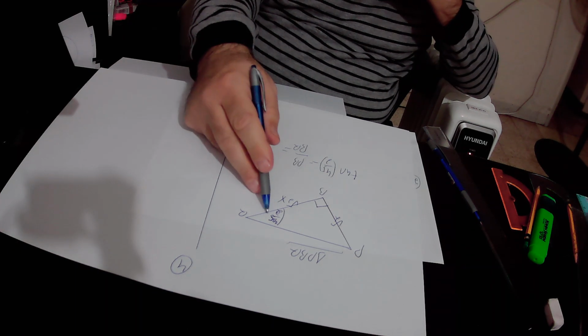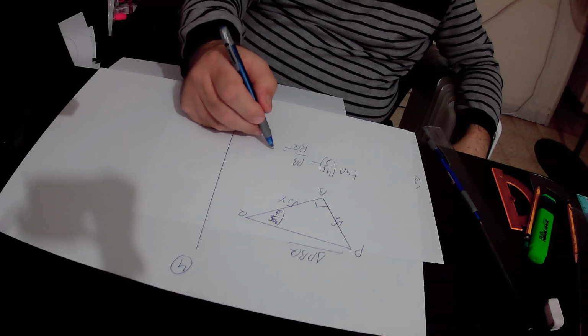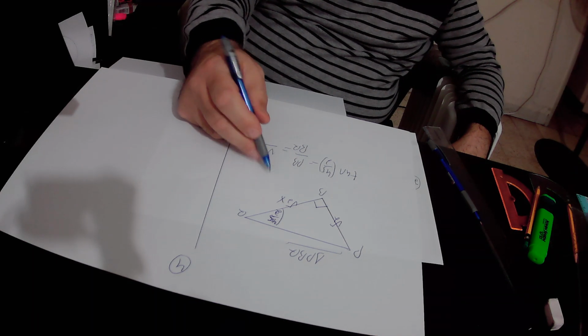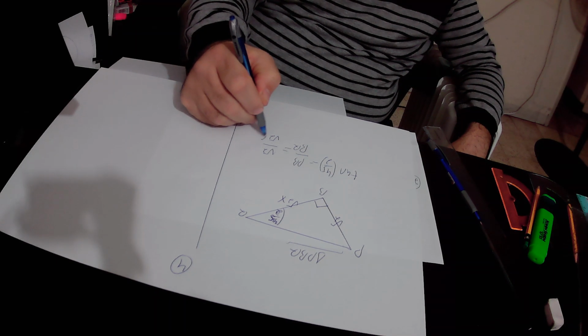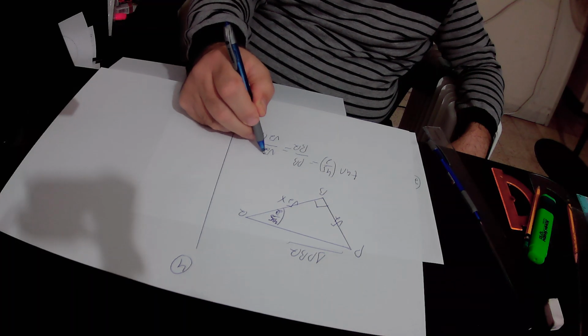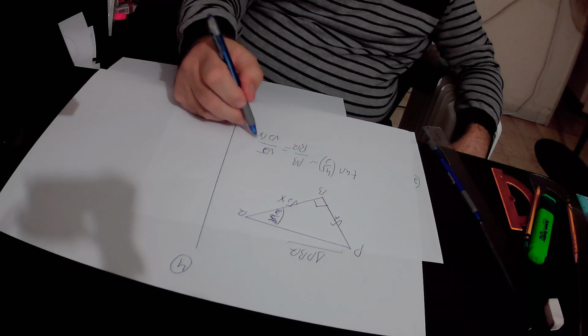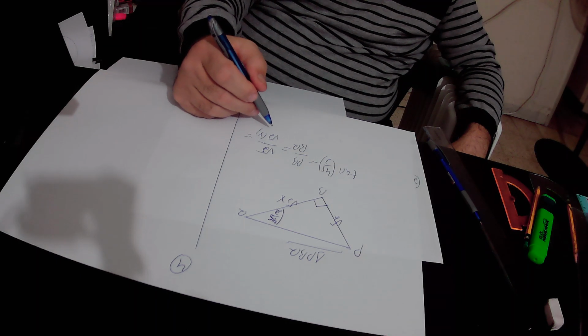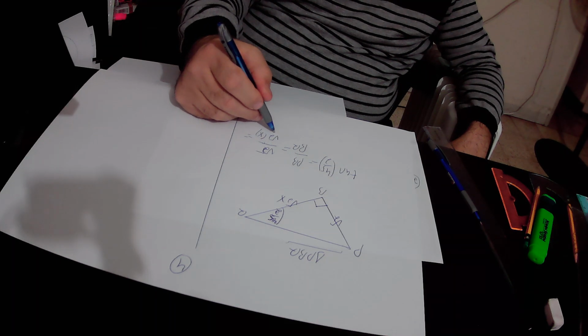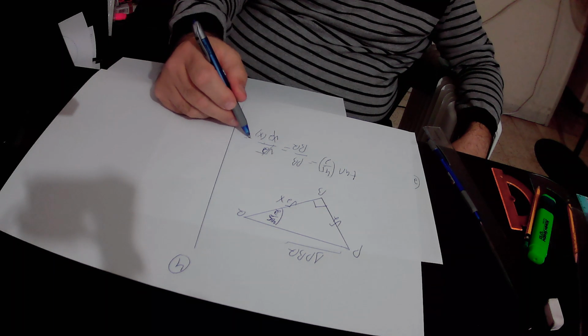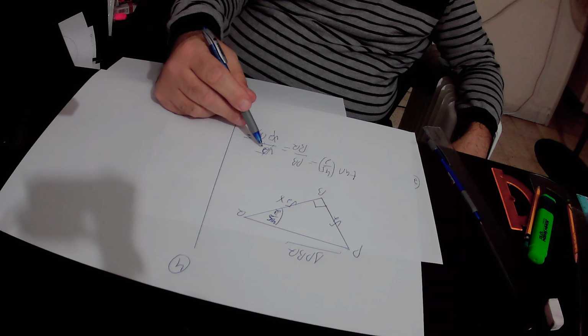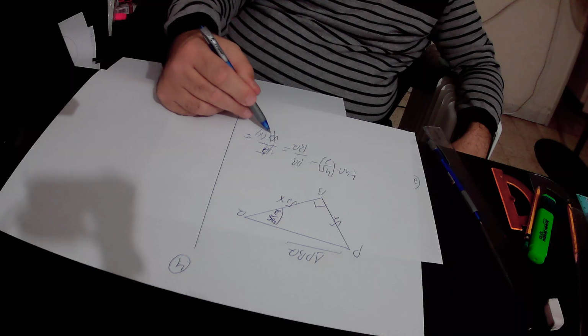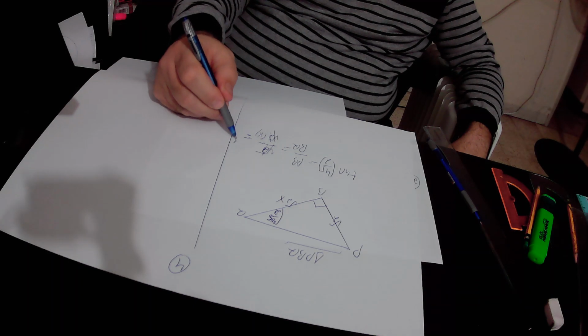So tangent 45 over 2 degrees equals PB, that is square root of 2, over BQ, that is square root of 2 times x. So we have square root of 2 in the numerator and square root of 2 in the denominator, so square root of 2 will get cancelled. So after canceling square root of 2, this expression equals 1 over x.